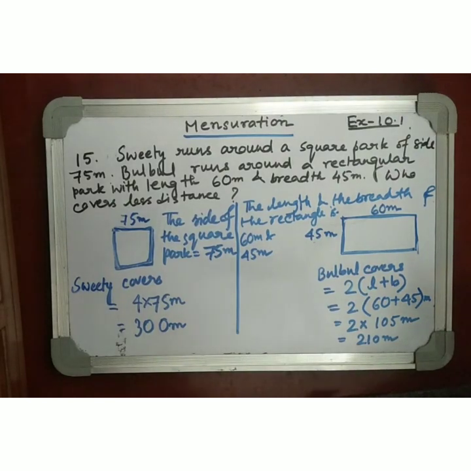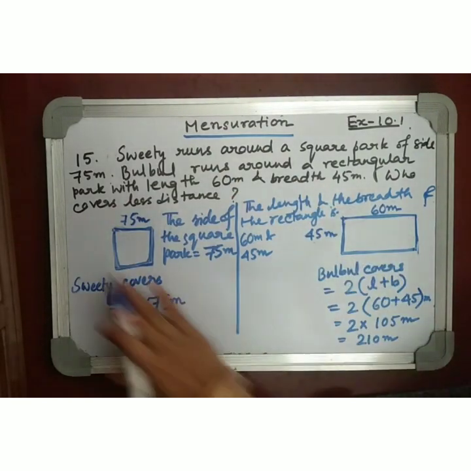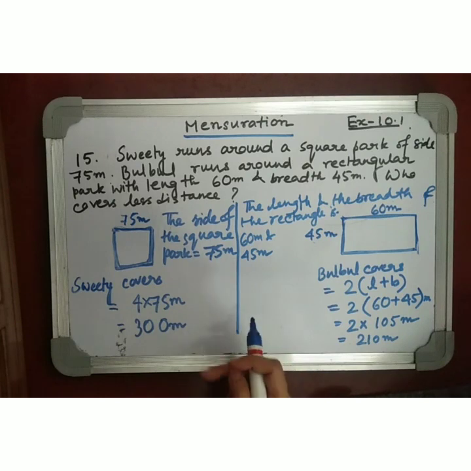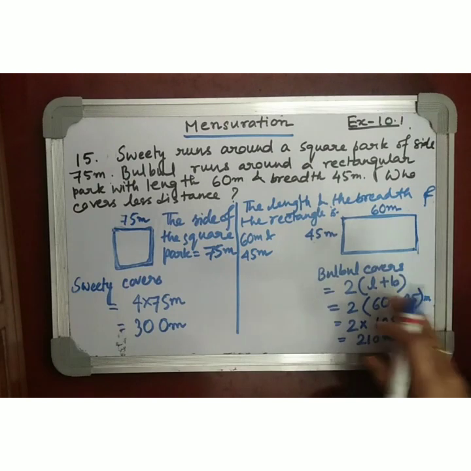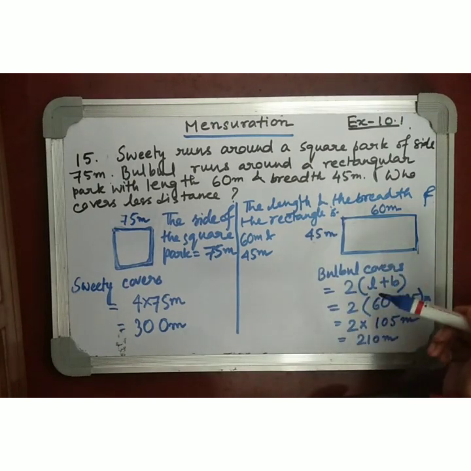Okay. Now Sweetie was running around the square park. It means Sweetie is running around the perimeter of that park. So we have found the perimeter of that square park, and Bulbul was running around the rectangular park whose length is 60 meter and breadth is 45 meter. So Bulbul was also covering the perimeter of that given park. Okay.